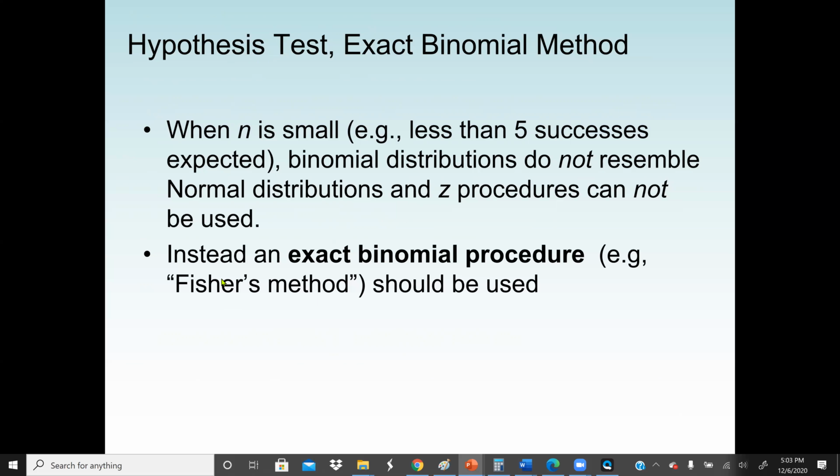If this is not possible, then we have another method called the exact binomial procedure, such as Fisher's method. If this condition is not met, if the sample size is too small, we should use Fisher's method or the exact binomial procedure.